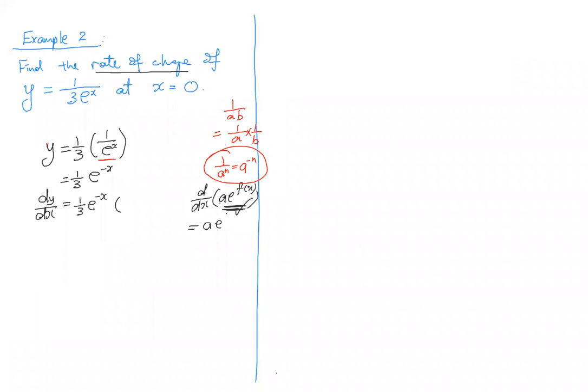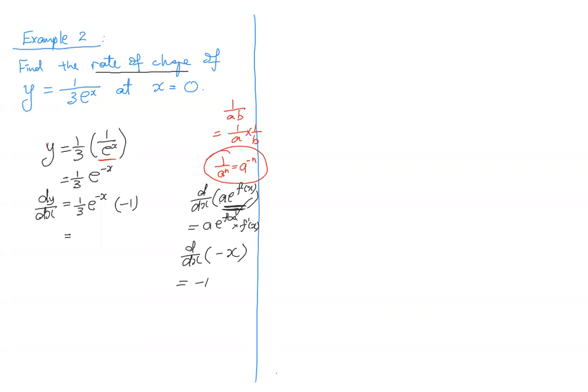Copy down the whole thing. Times by the derivative of the power. The power now is negative x. So when you differentiate negative x, what do you get? -1. Correct. So you see, you cannot wait for me to tell you what to do.